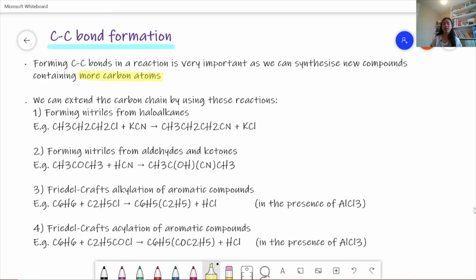So the first is when we form nitriles from haloalkanes, and then we're going to look at forming nitriles from carbonyl compounds, so aldehydes and ketones, so the compounds with this C double bond O group. And then we're going to look at Friedel-Crafts alkylation and acylation of aromatic compounds. So in particular, we're going to look at benzene. And these are both in the presence of an aluminium chloride catalyst.